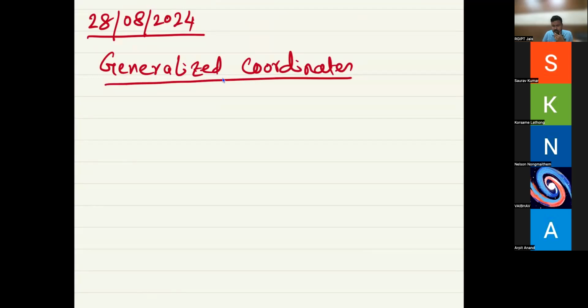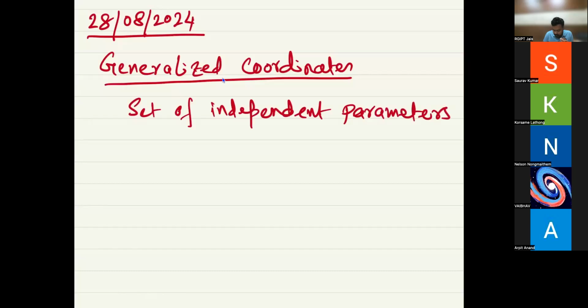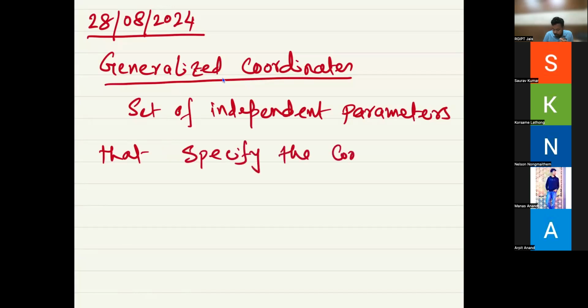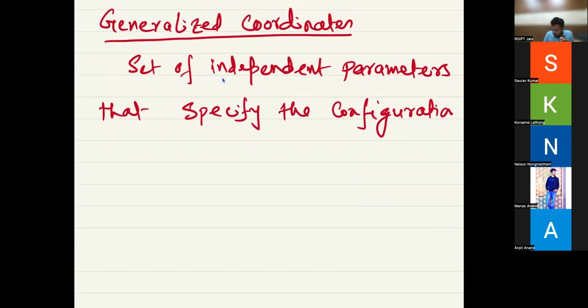I told you these generalized coordinates are a set of independent parameters that specify the configuration of the system.